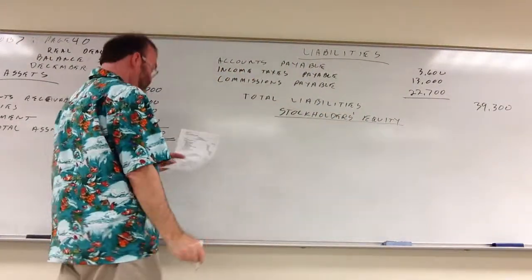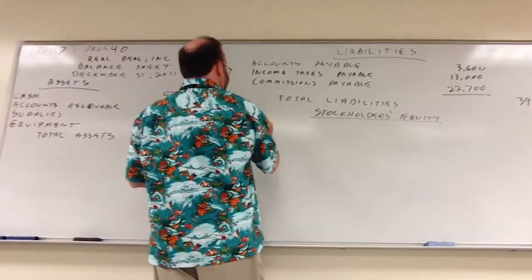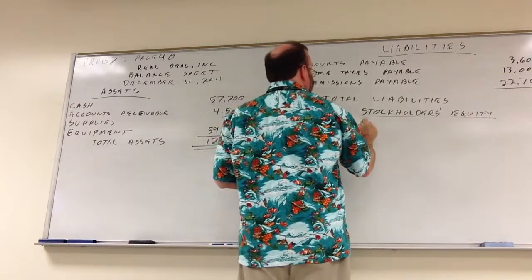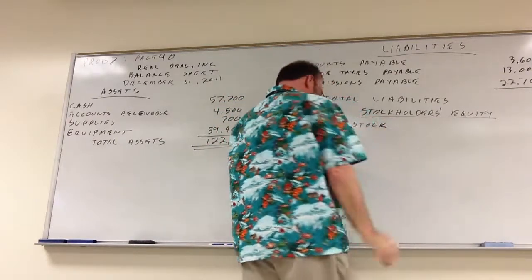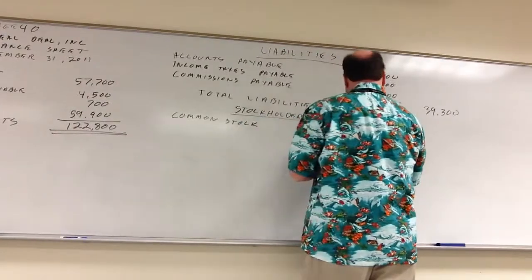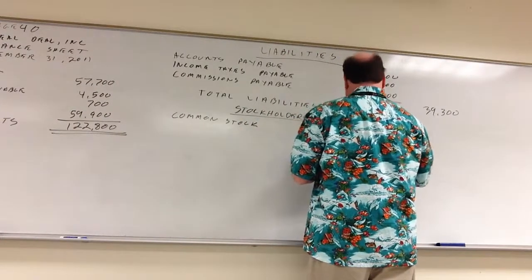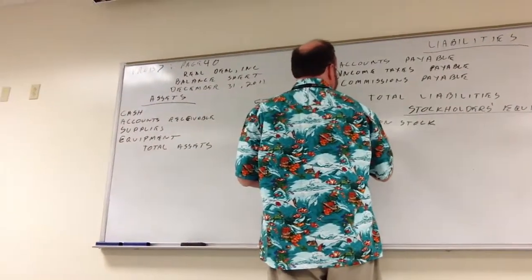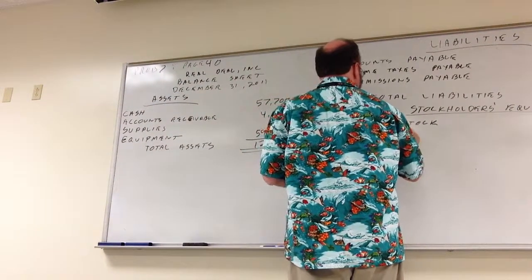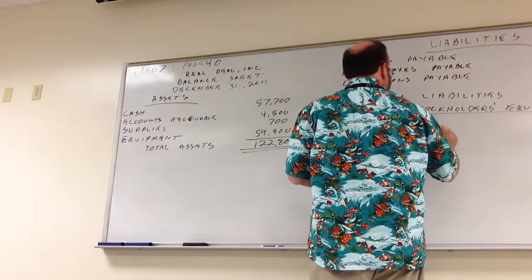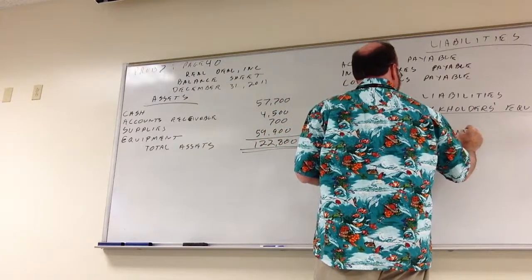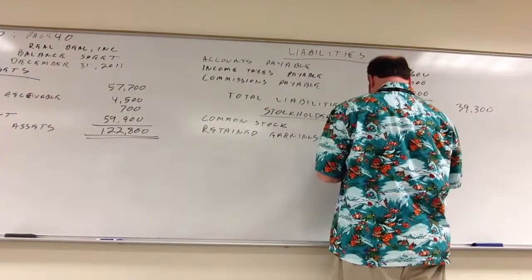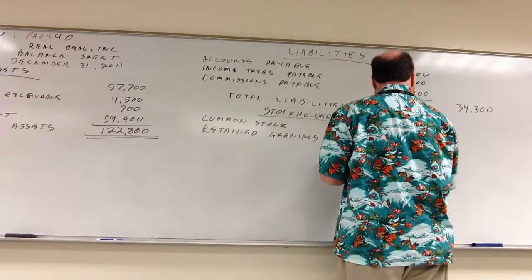And the last section is stockholders' equity. We have the common stock totaling $29,000 and retained earnings that we just got finished calculating at $54,500.